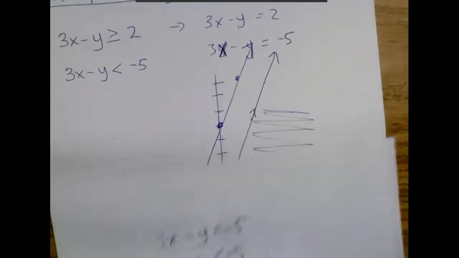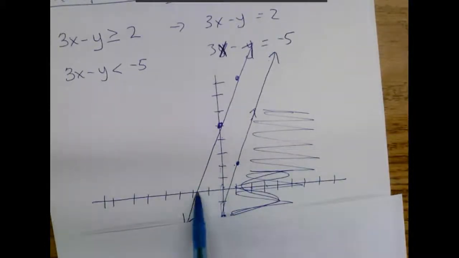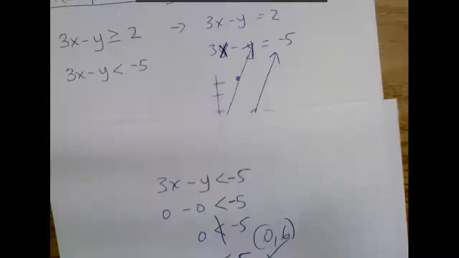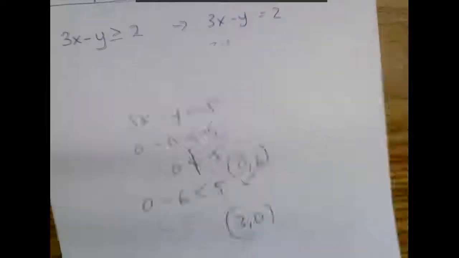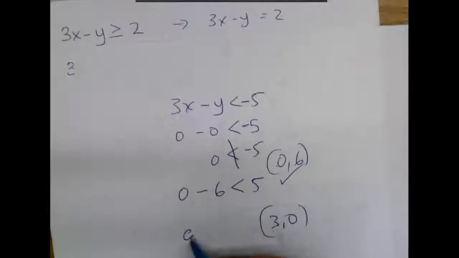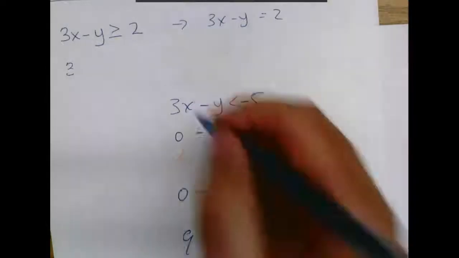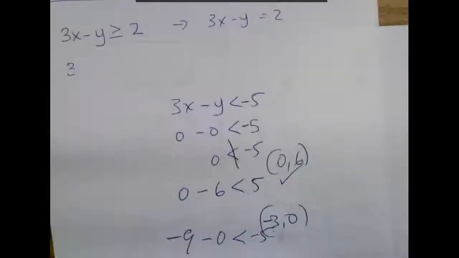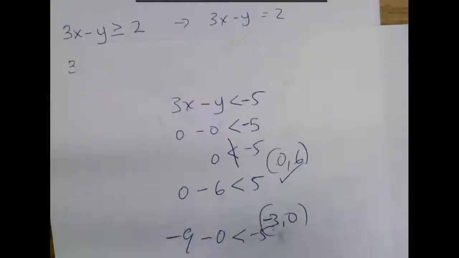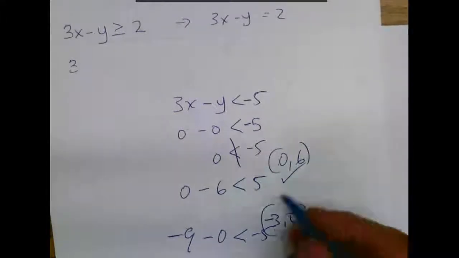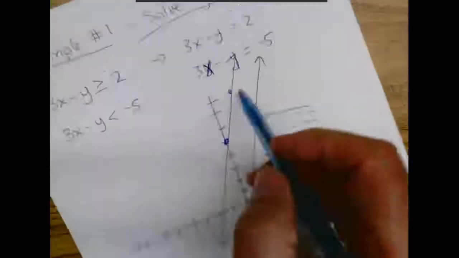And then let's do one down here as well. 1, 2, 3, 0. Plug that into this equation. So 3 times x is 9 minus y would be 0 is less than negative 5. Well, that's negative 3, I'm sorry. So 3 would be negative 9, and negative 9 is less than negative 5. So that's so it's on this side.